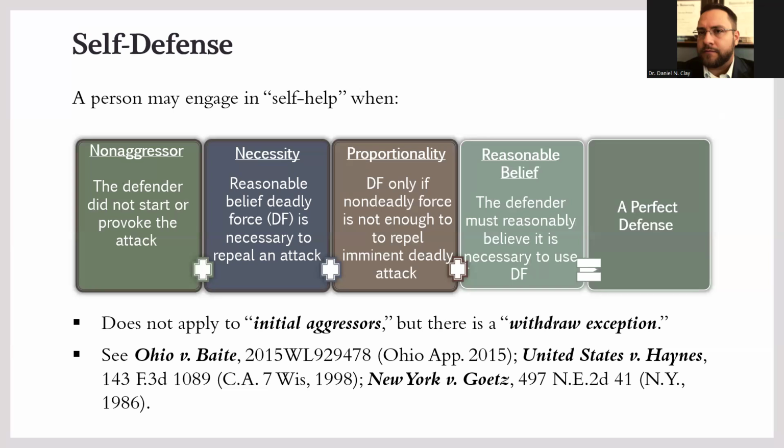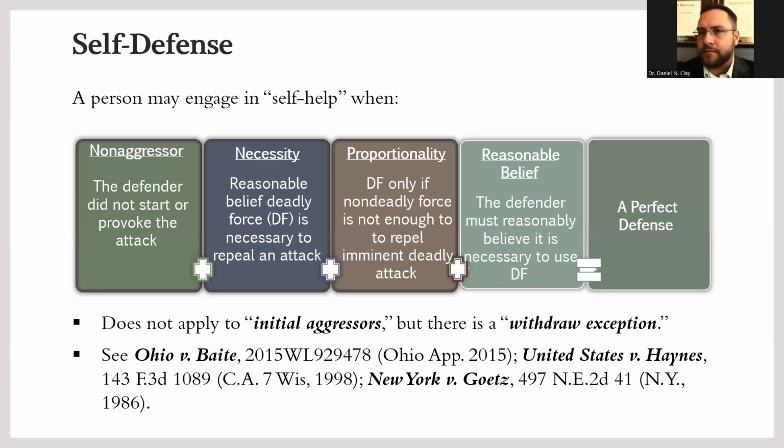You have withdrawn from that scenario. If that person that you attacked is not done fighting you, and you're walking off, you've made it very clear that you're disengaging, and then they come up and pop you in the back of the head or something. Well, now you've withdrawn, even though you were the initial aggressor. And so they then become the initial aggressor for the second confrontation.